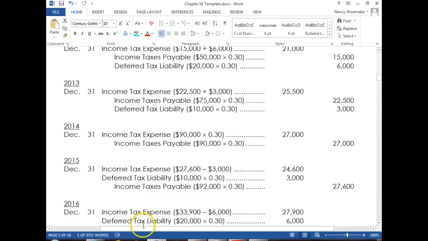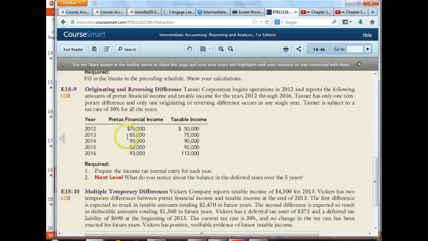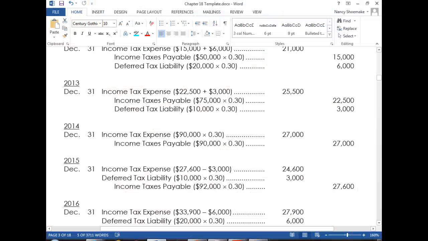In 2015, our financial income is at $82,000. Look what's happening to our taxable income. It's at $92,000. Okay? So our income taxes payable are going to be $92,000 at 30%, or $27,600.